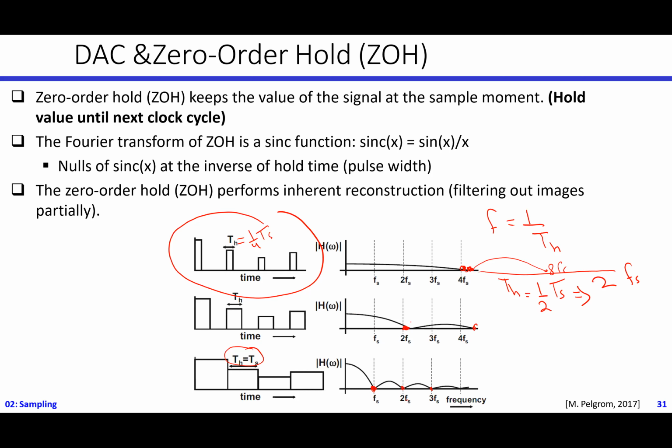Now, if a convolution happens in the time domain with those pulses, what's going to happen in the frequency domain? What will happen to our original signal? How will the spectrum after the DAC look? This is my question.